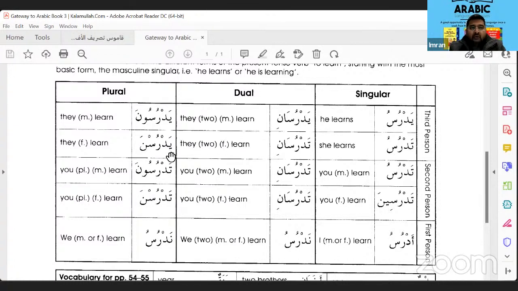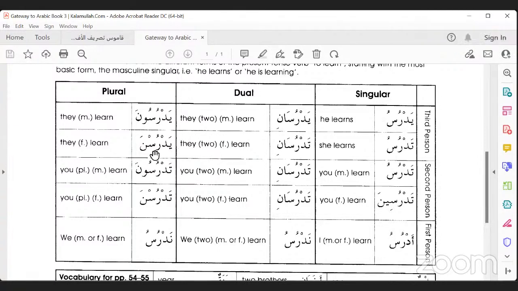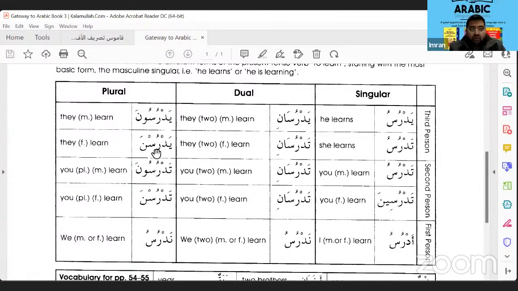When we do they all females learn, we go back to the singular, yadrusu, add a noon with a fatha, and it becomes yadrusna. Yadrusna means they all females learn. The masculine was yadrusuna with a waw noon, and the female, they all females learn, is yadrusna.